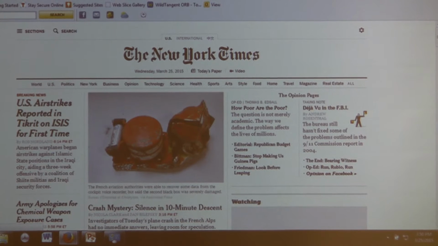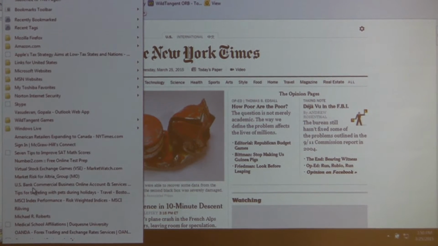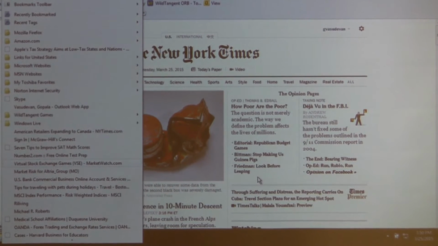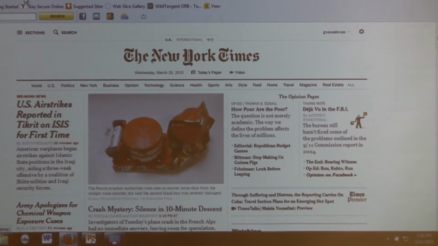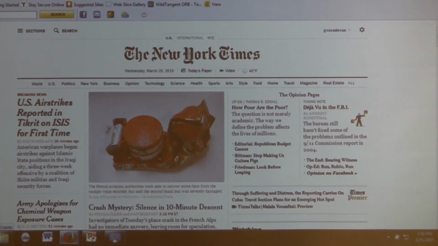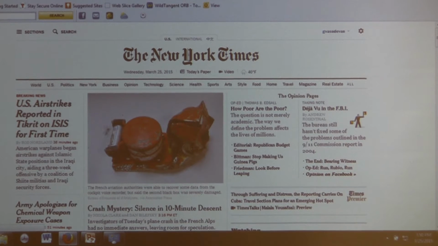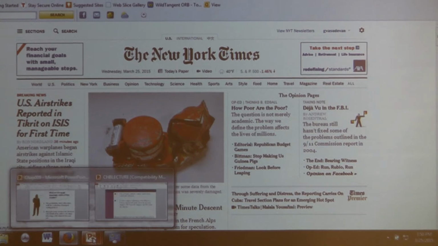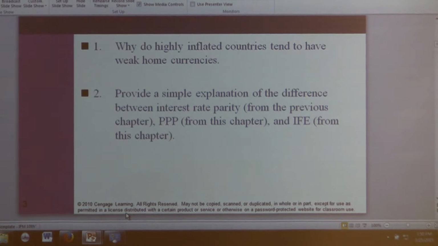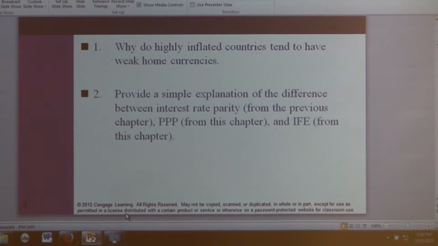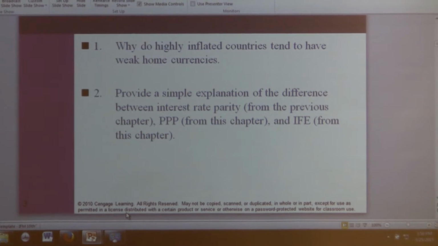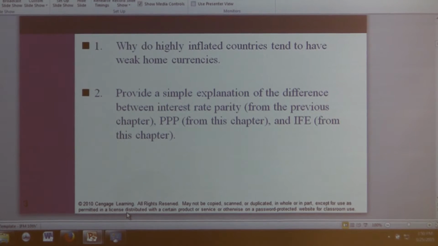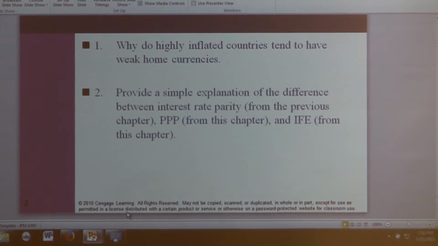Now I just want to show one illustration. One of the ways people try to illustrate the purchasing power parity is, if you look at the magazine The Economist, they publish what is referred to as the Big Mac index.